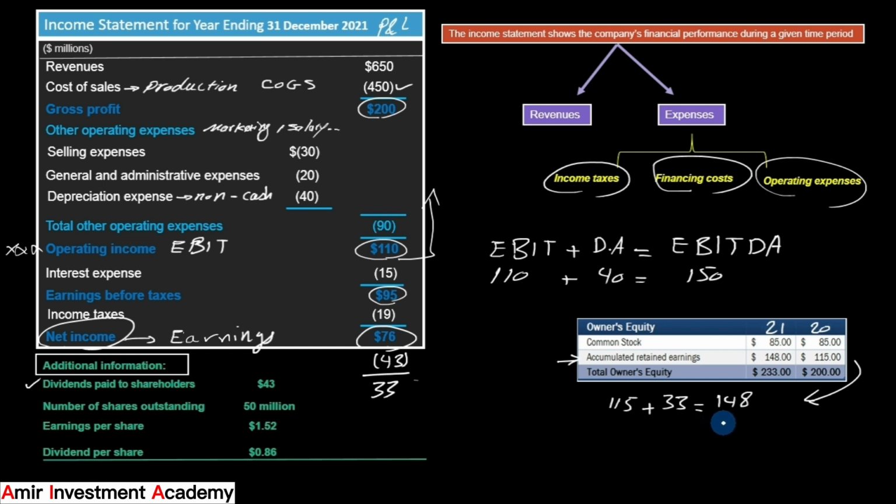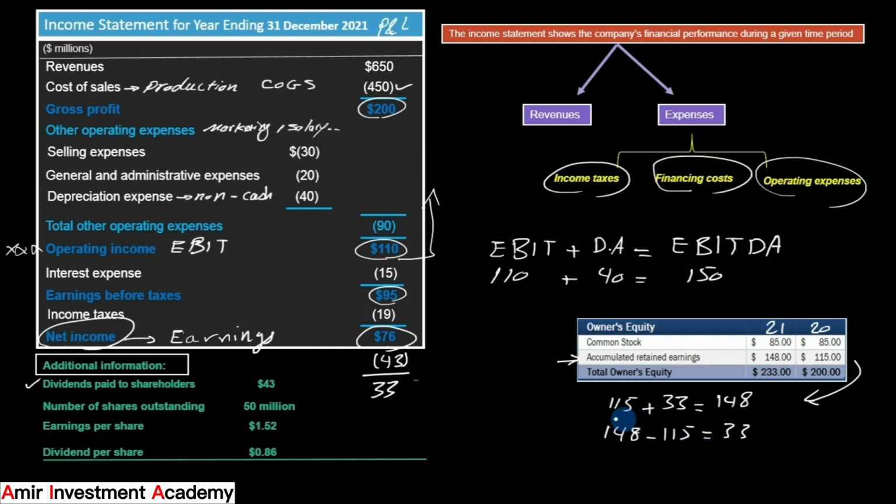Even if you do not have the income statement in front of you, you can easily find out the retained earnings from the previous year to this year. That's the difference between these two: 148 minus 115 is your 33 million, the retained earnings that we added to the whole accumulation of retained earnings.